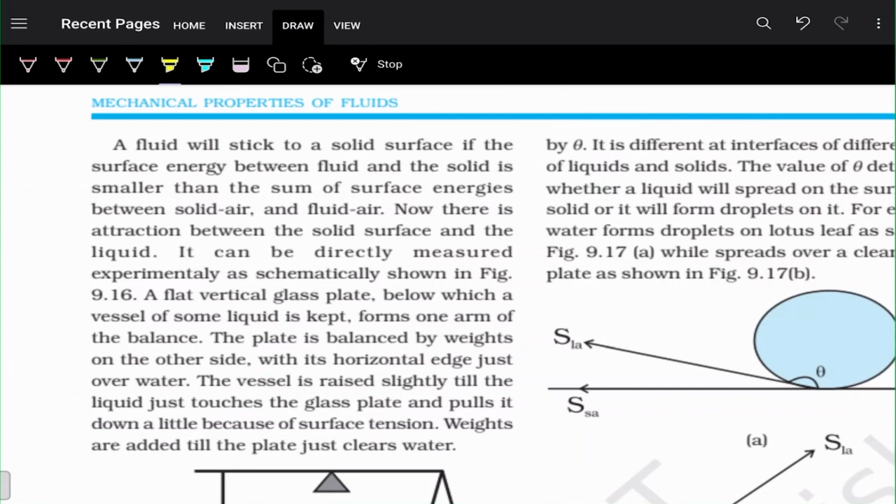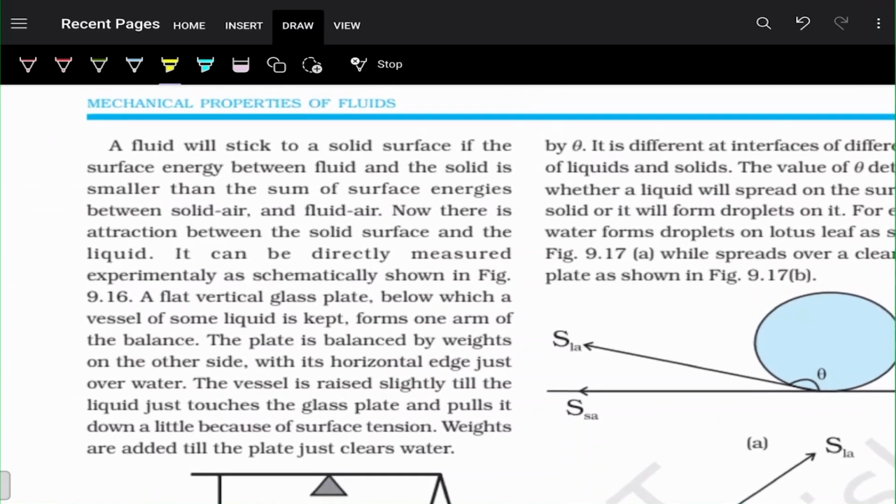See, when does a fluid stick to a solid surface? If the surface energy between the fluid and the solid is smaller than the sum of surface energies between solid air and fluid air.